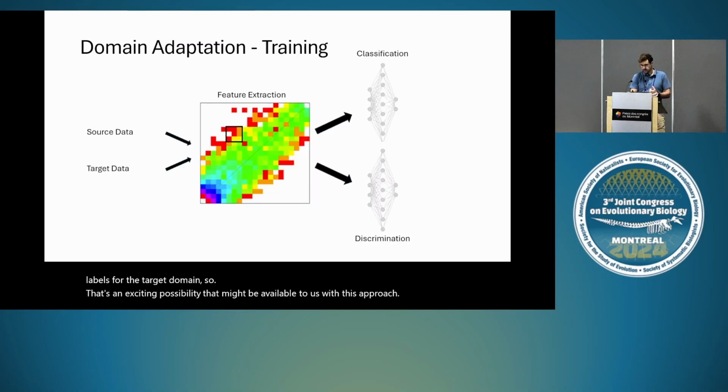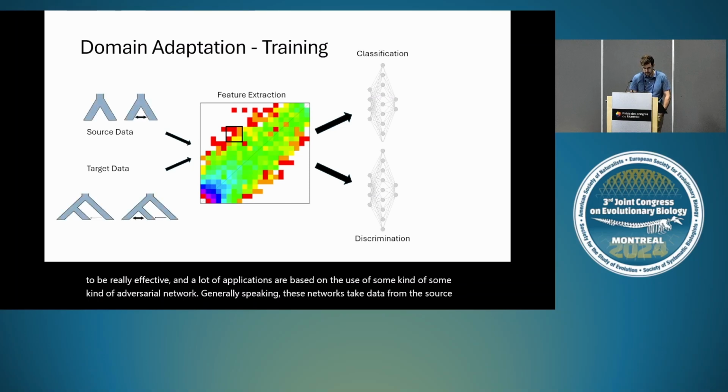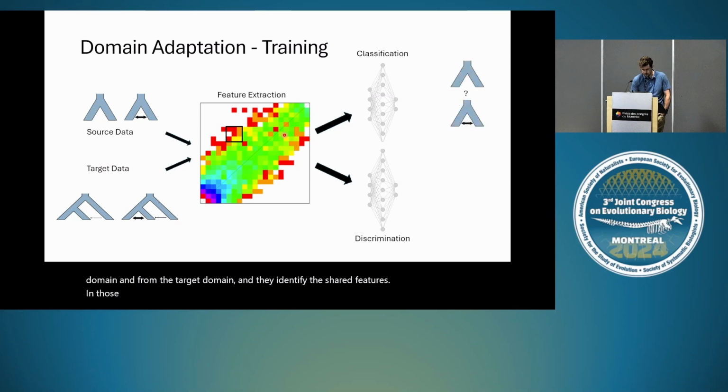So what does this actually look like in practice? Well, domain adaptation encompasses a variety of different methods, but some that have proven to be really effective in a lot of applications are based on the use of some kind of adversarial network. Generally speaking, these networks take data from the source domain and from the target domain, and they identify the shared features in those data by having two components that are in opposition to each other.